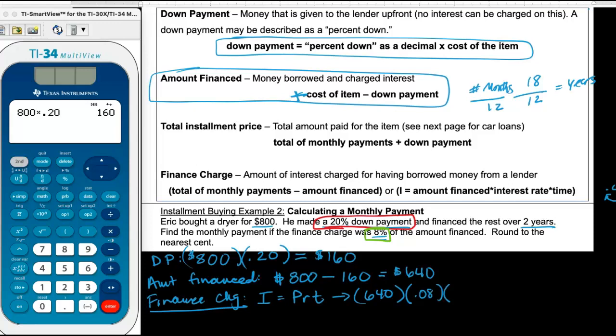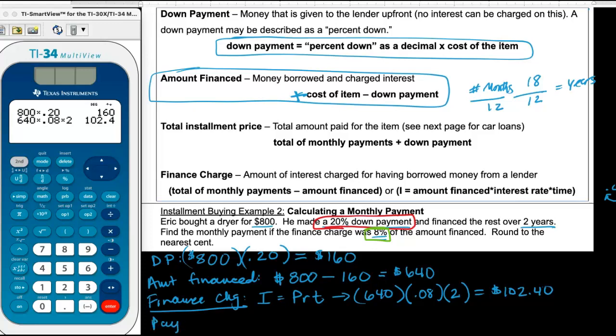And then the time is time in years, and so in this problem they give me 2 years, so I don't have to do any converting, so I just multiply by 2. And so in my calculator I'm going to do 640 times 0.08 times 2, okay, and that gives me the finance charge, so $102.40.